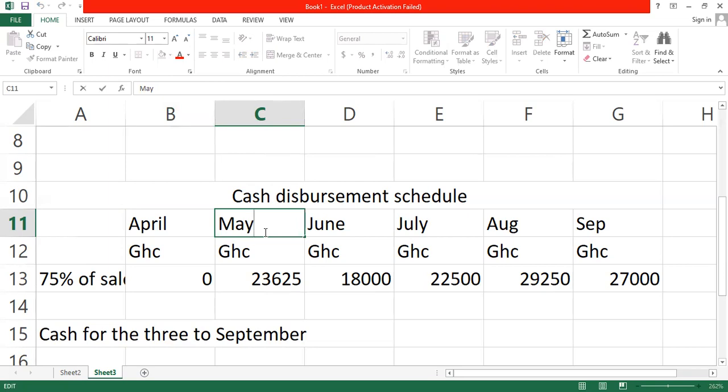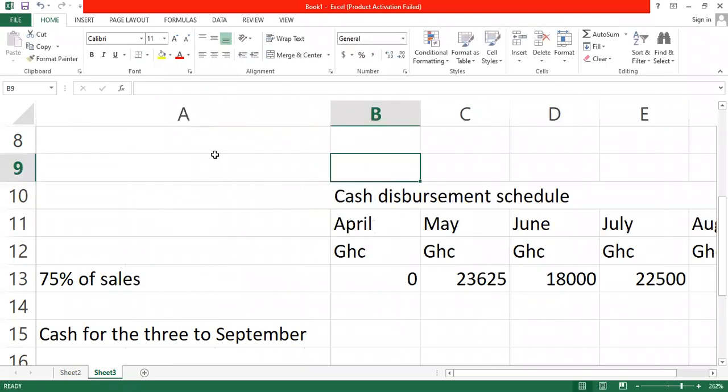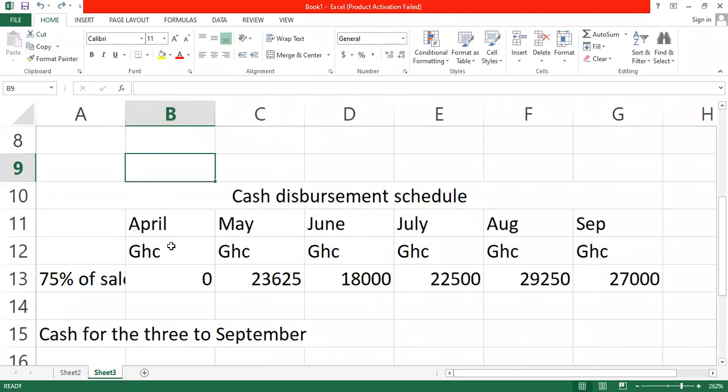On the face of the sheet, the purchases for May will be received in April, and to be paid 2 months from that date. So 2 months will be in June.